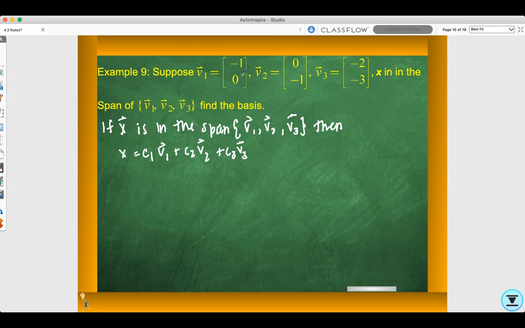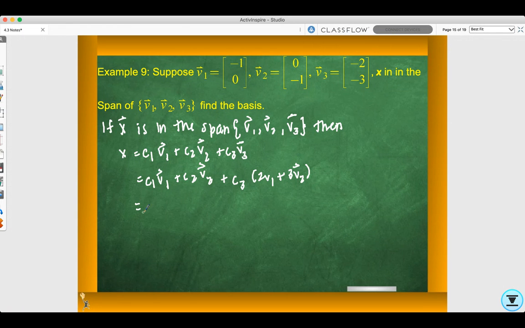And then if I write this in terms of v1, v2, v3, I can rewrite v3 as 2v1 and 3v2. So I could rewrite this as c1 v1 plus c2 v2 plus c3 times 2v1 plus 3v2.